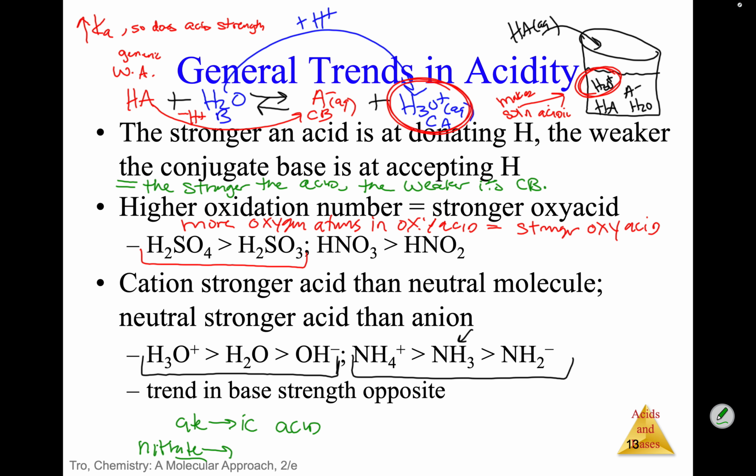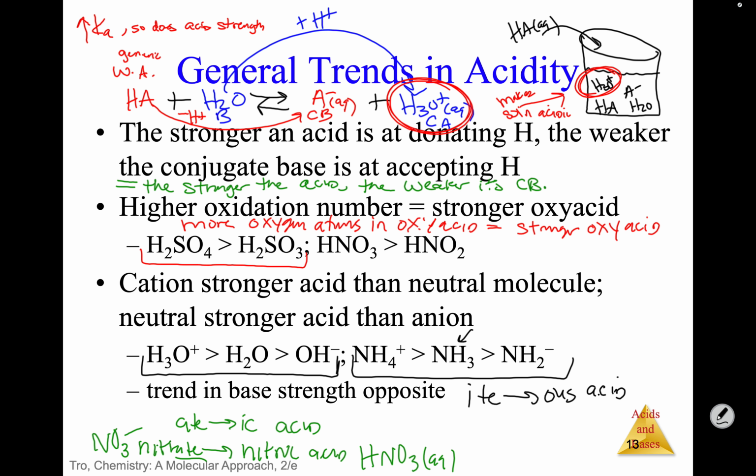So nitrate becomes nitric acid. Nitrate is NO3 minus, nitric acid is HNO3 aqueous. The other one, ate, ite: ite becomes ous acid. What I'm reviewing very briefly are the rules you learned in Chem 60 and review in Chem 101 for naming oxyacids.